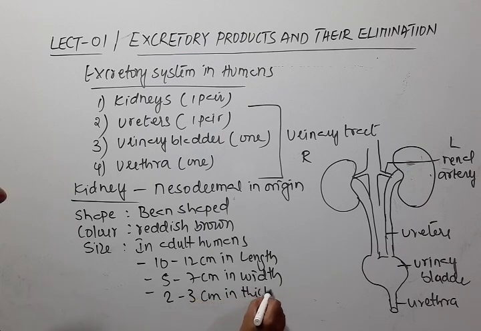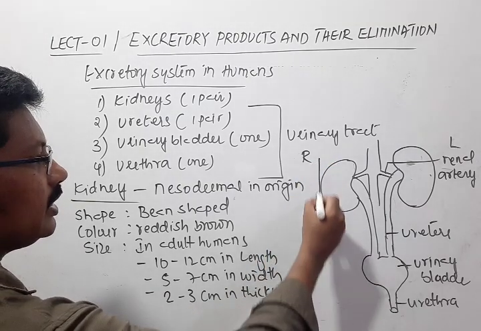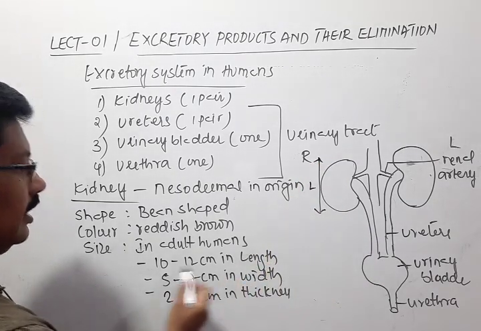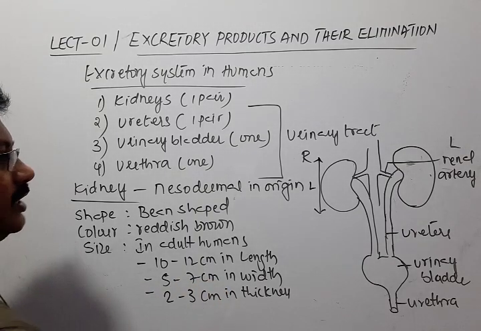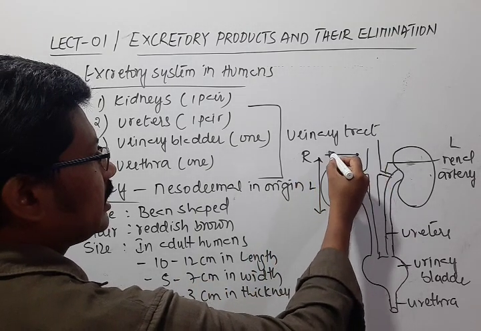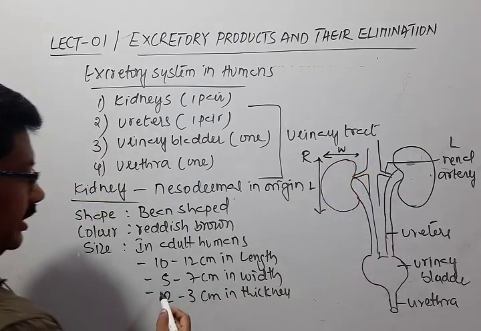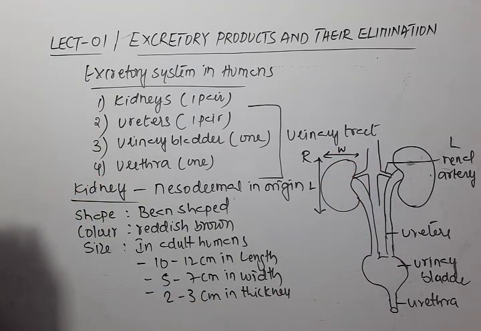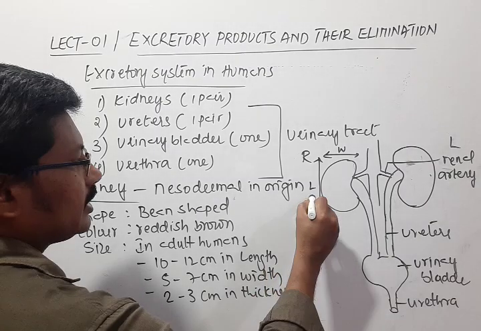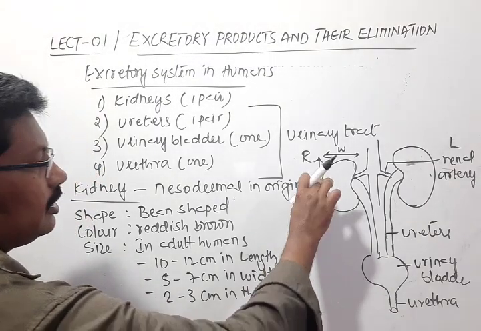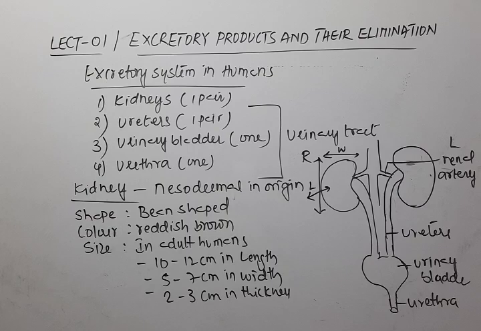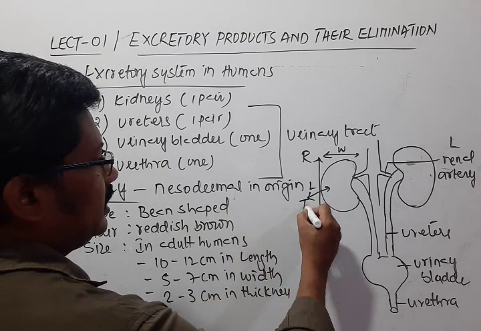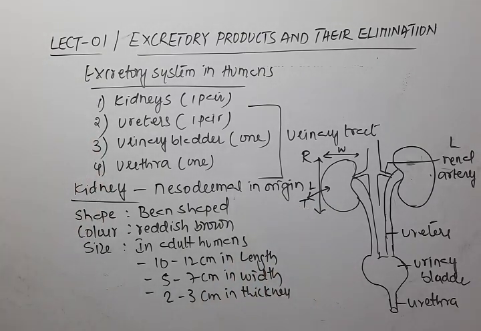So from here to here it is the length, that is 10 to 12 centimeters, and from here to here it is the width, that is 5 to 7 centimeters, and the thickness will be 2 to 3 centimeters. So these are the measurements of the kidney in adult human beings.